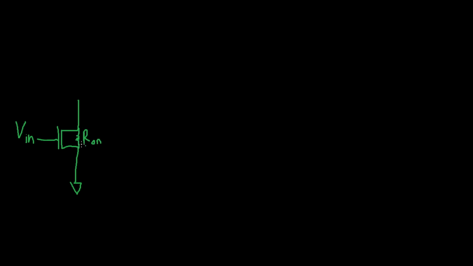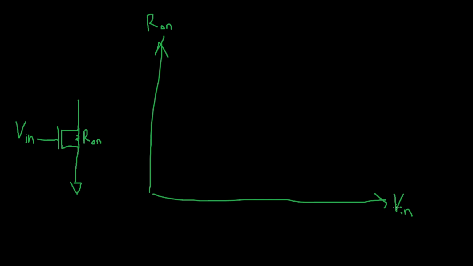I'm just going to call the resistance of the MOSFET R on and the control voltage V in here. So if you directly compare these two, there's going to be a point where your device is totally turned off. That's the threshold. So if you go at this voltage or below it, the resistance is going to be infinite or very, very large.